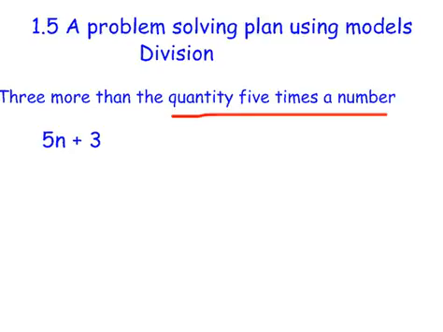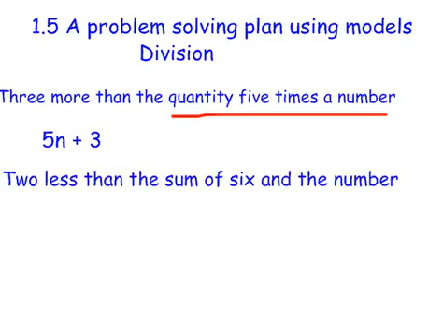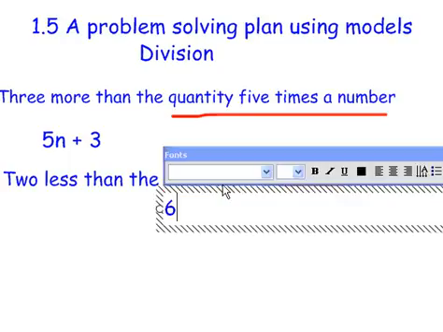Let's look at another one. 2 less than the sum of 6 and the number. So we want to ask ourselves, 2 less than what? The sum of 6 and the number. So the sum of 6 and a number is going to be 6 plus n.